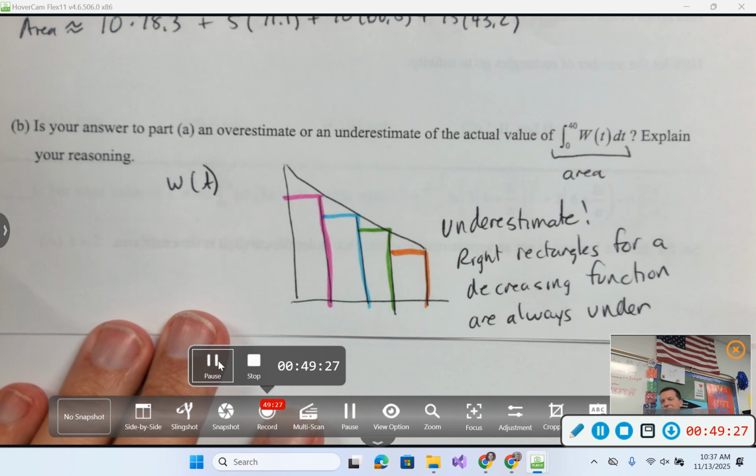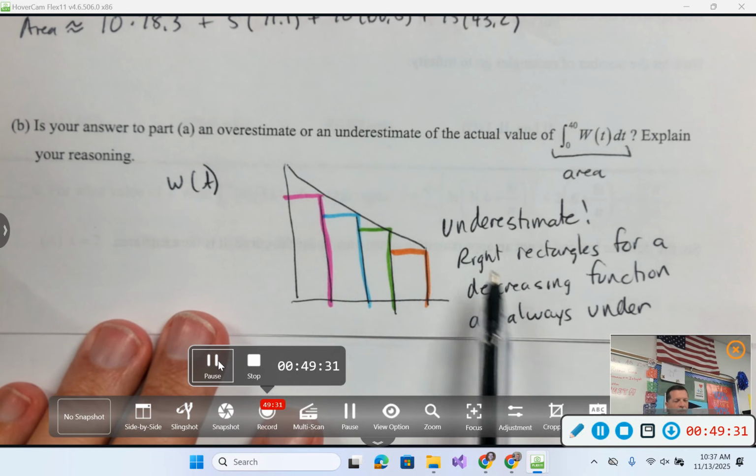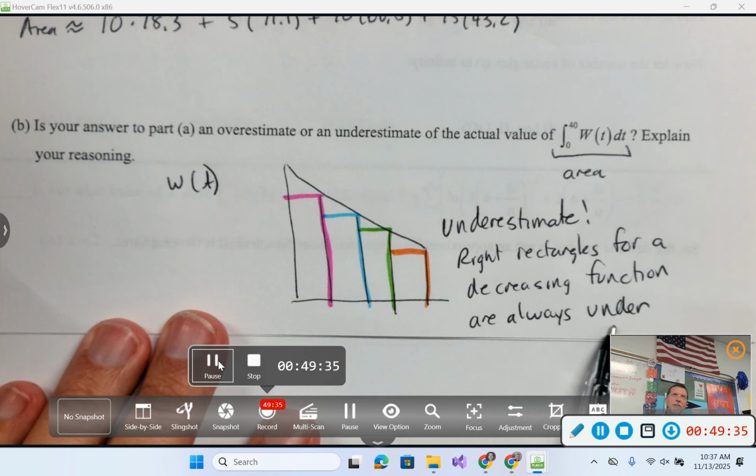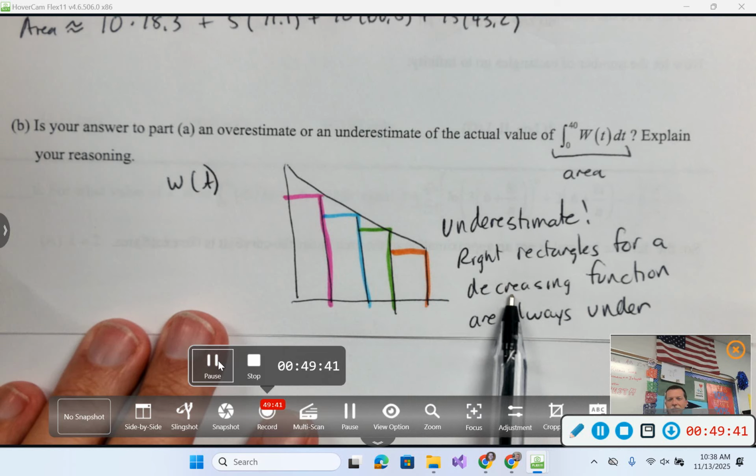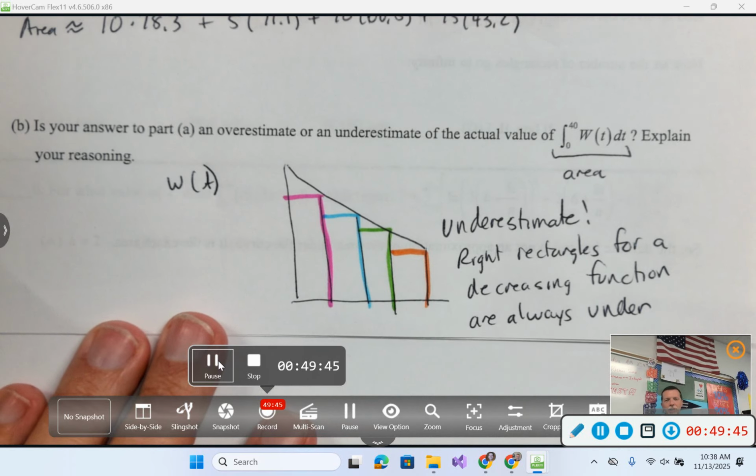Again, that reasoning stuff, you don't memorize that. Like you could come up with a table because that means the right rectangles on an increasing function would be an over, or the left rectangles on a decreasing would be an over, and the left on increasing would be under. But like, don't. Just draw the picture when it comes to that stuff.